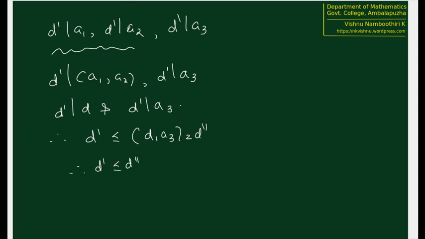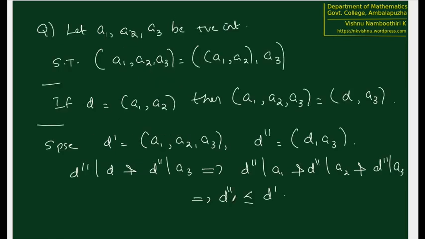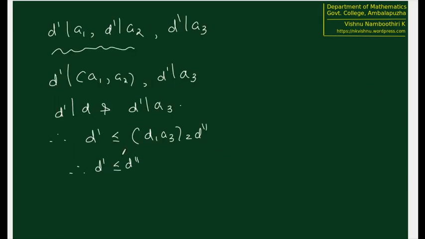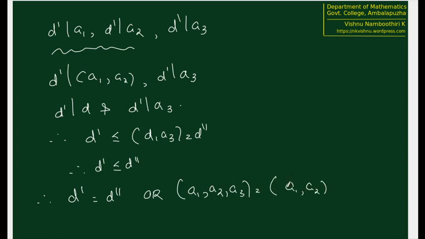Previously we had D double dash less than or equal to D dash. Now we have D dash less than or equal to D double dash. Therefore, D dash equals D double dash, or the GCD of A1, A2, A3 is the same as the GCD of A1, A2, and then take the GCD with A3. So this is what we have established.